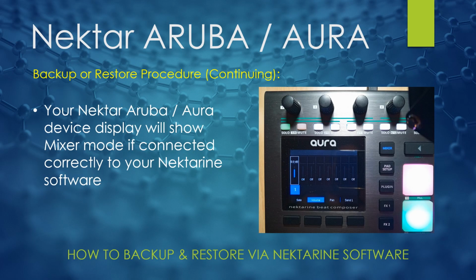From this time on, do not touch your Nektar Aruba or Aura unit. After connection to Nektarine, Nektar Aruba or Aura will show a mixer mode on its display. This also confirms that you're connected to Nektarine.